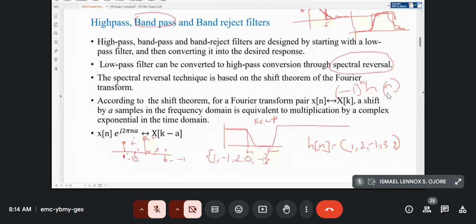I call them coefficients, but normally, since it's a response, we call them samples.